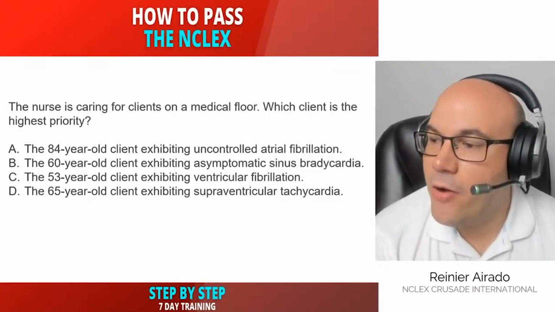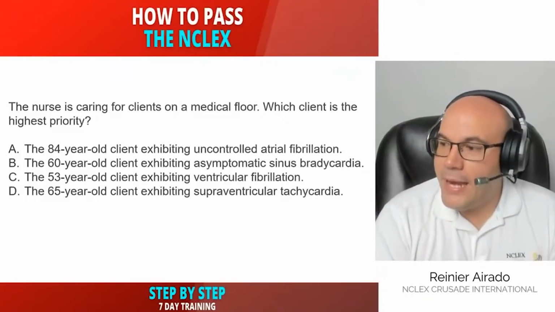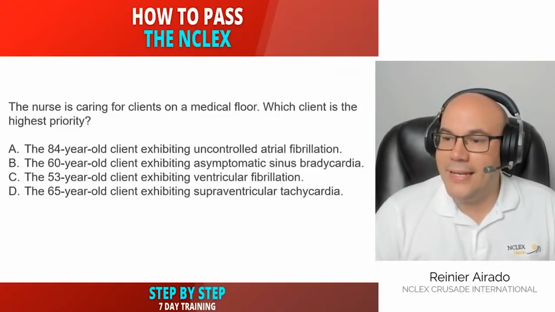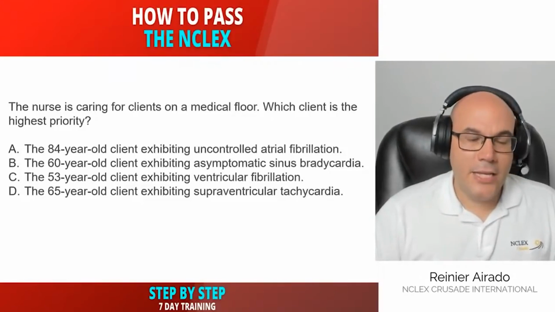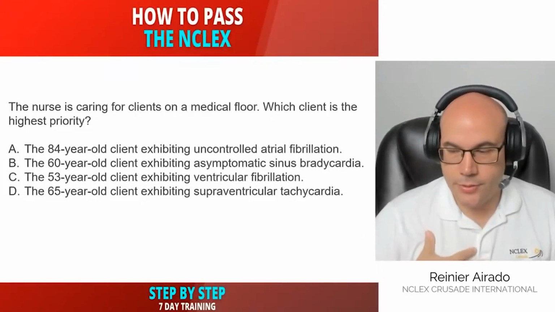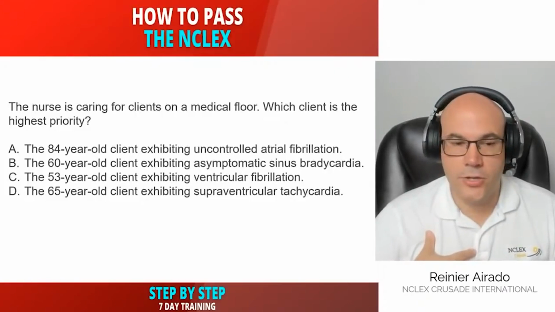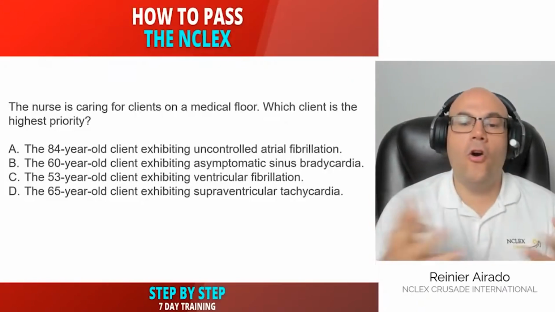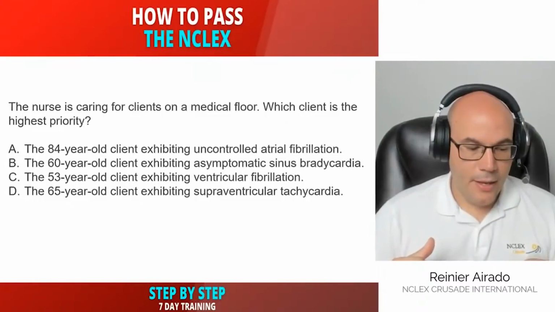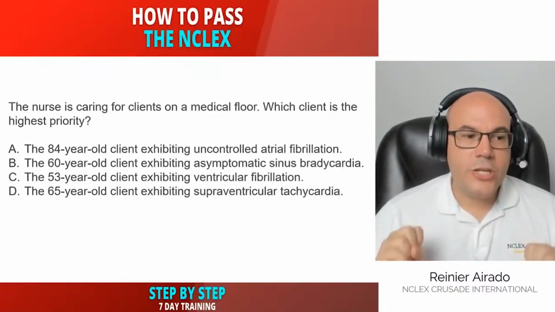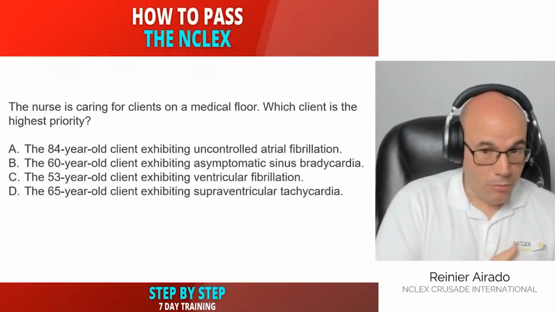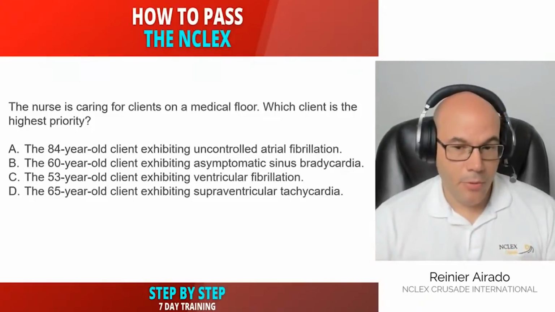So the nurse is caring for clients on a medical floor. Which client is the highest priority? A strategy that I like to use when I see a question that gives me 4 different patients, I try to identify which patient is stable versus unstable.